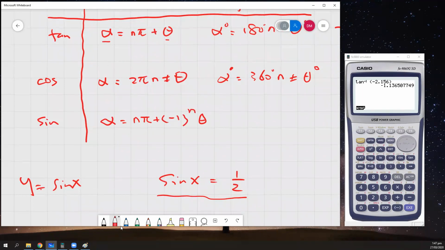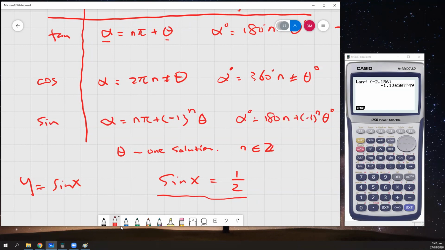That's it, right? Now, if we have degrees, that will be equal to 180 degrees times n plus negative 1 raised to the nth power times theta degrees, okay? Where theta is one solution, where n belongs to the integers, right?